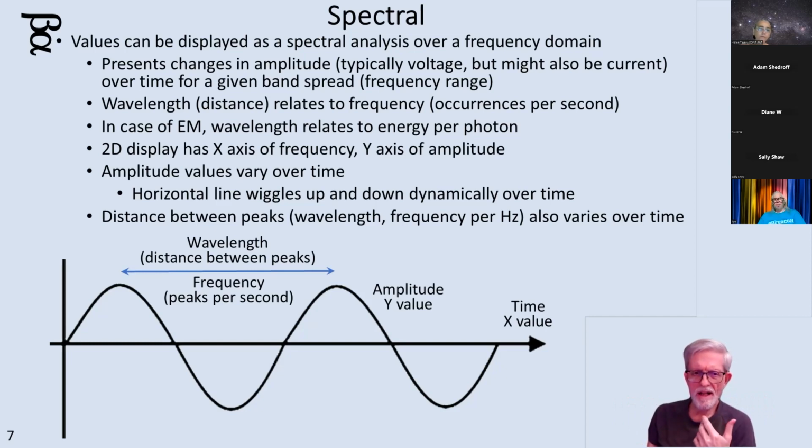But if you're looking at something like an FM radio signal, the distance between the peaks is changing because the signal is frequency modulated. So as voice gets modulated by frequency modulation, the frequency changes, so the distance between the curves changes.